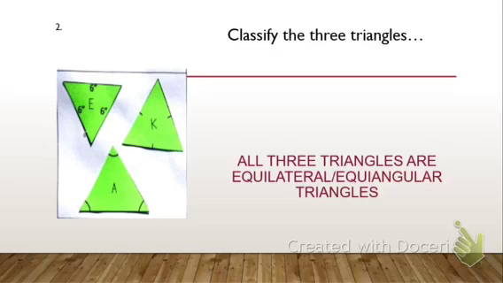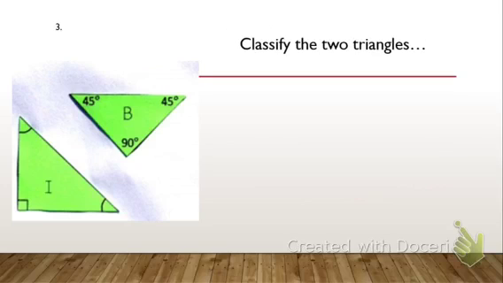Okay, let's move on to example number 3. Example number 3, you were asked to classify the 2 triangles. So if you notice, let's start off with triangle I. I see it has a 90-degree angle, and I see the other 2 angles have 1 line, which tells me that these 2 angles are congruent. So you're going to have 2 angles that are the same, and then 1 90-degree angle.